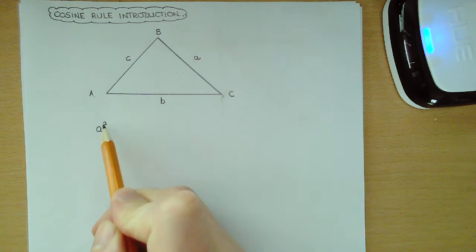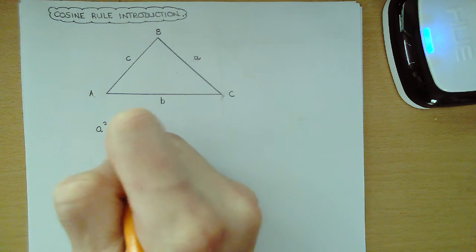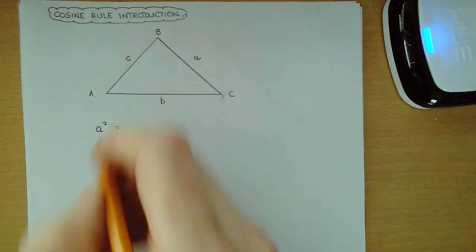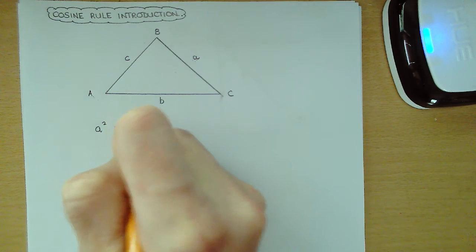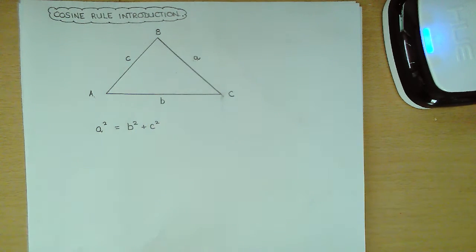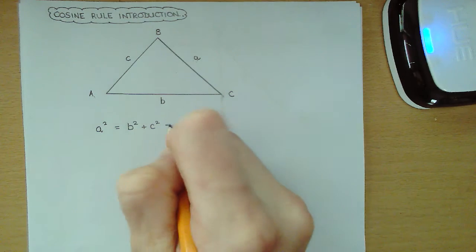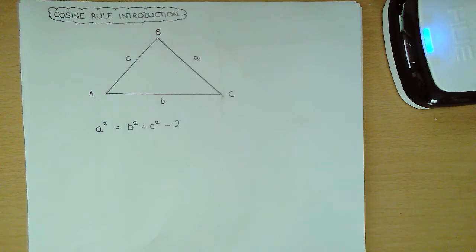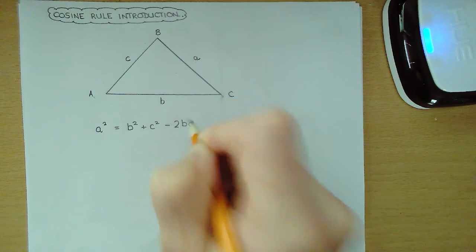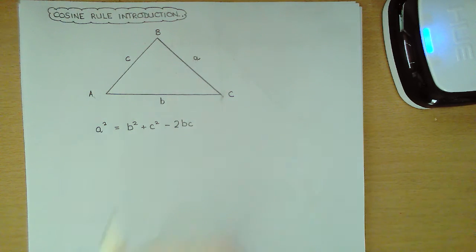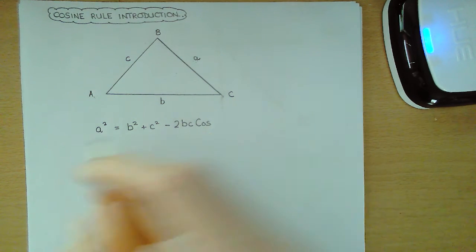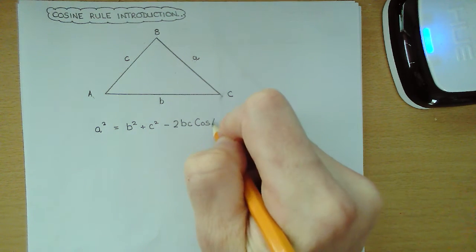So the lowercase letter squared is equal to the sum of the squares of the other two sides, so b squared plus c squared, then minus twice the product of the other two sides, and then that's being multiplied by the cosine of the corresponding angle, which is capital A.